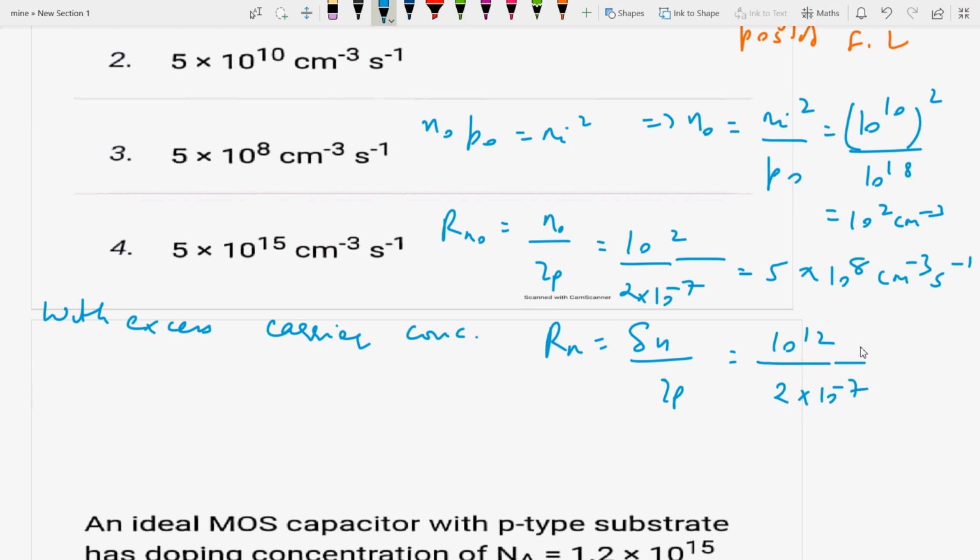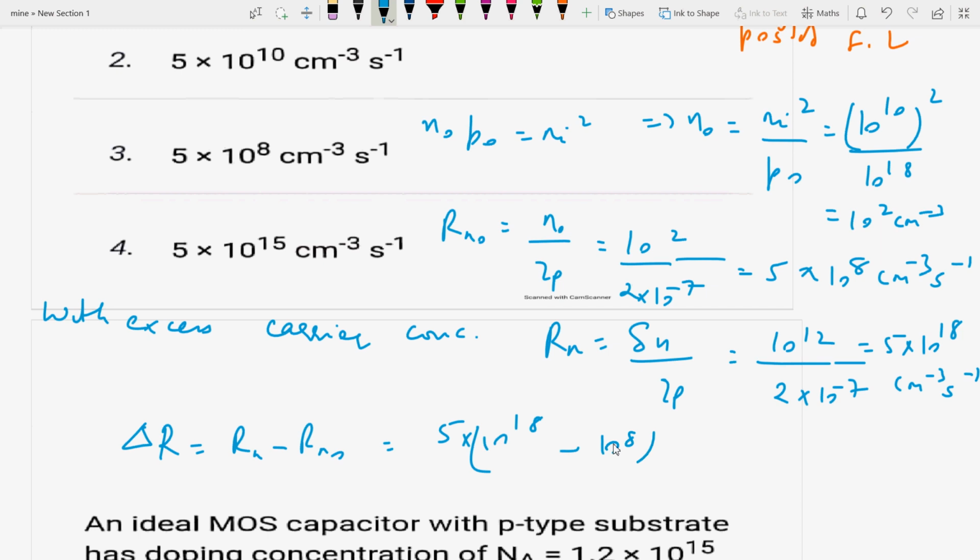So this comes out to be 5 into 10 to the power 18 per centimeter cube per second. So that means delta R is equal to Rn minus Rn0. That means Rn is 5 into 10 to the power 18, minus 10 to the power 8 per centimeter cube per second. So this will come out to be 5 into 10 to the power 18 per centimeter cube per second.